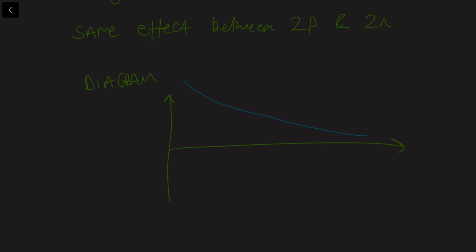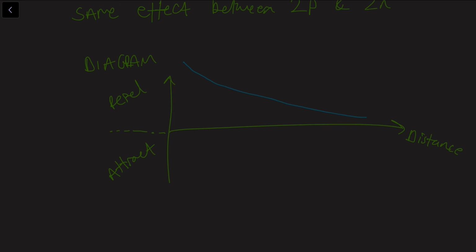We're going to have repel above 0, and we're going to have attract. And this one is obviously going to be distance. The closer you bring 2 things together, the more repulsion they're going to get from the electrostatic force.